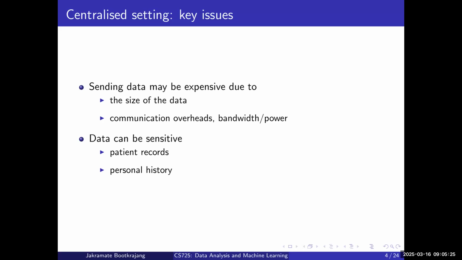You cannot send someone else's CT scan to a third party, right? So we have something called PDPA. It is the law that puts a protection on the data, right? If you own the data, the hospital cannot send your data out elsewhere. So these are some of the issues when you want to do centralized machine learning.